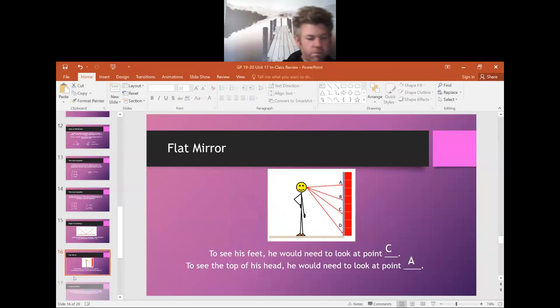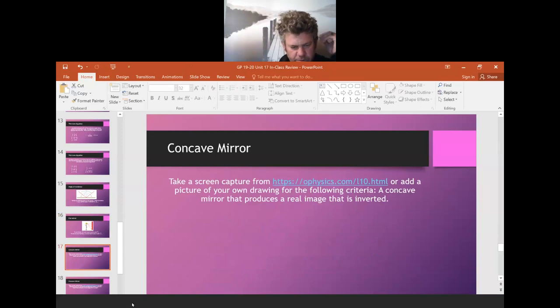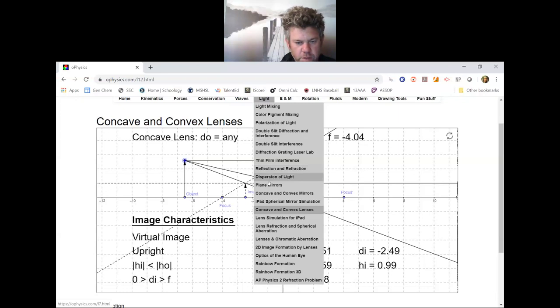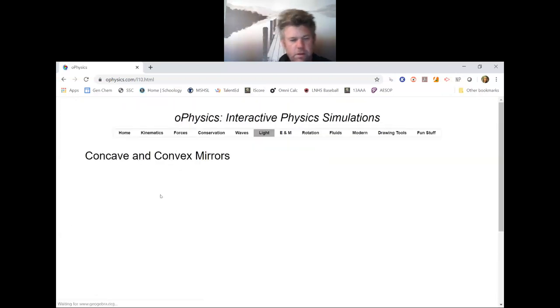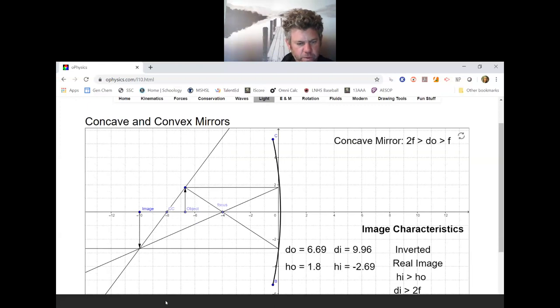Okay. All right. Screen cap of a following criteria drawing. We want a concave mirror. So what was our criteria again?